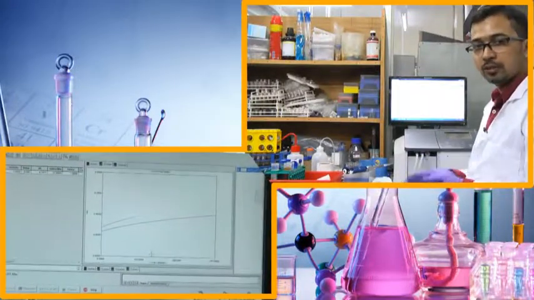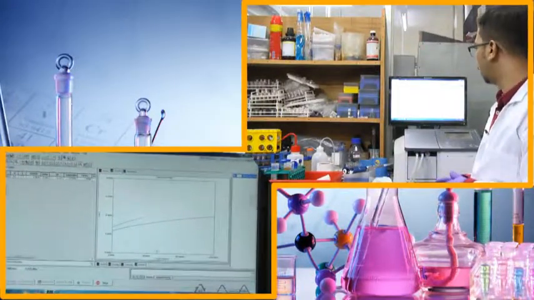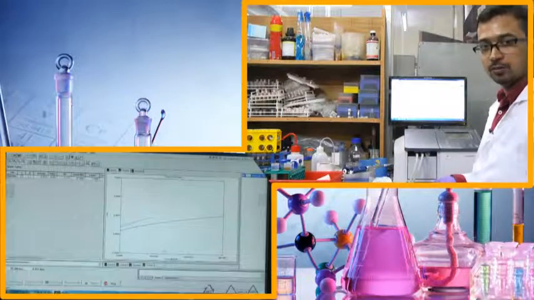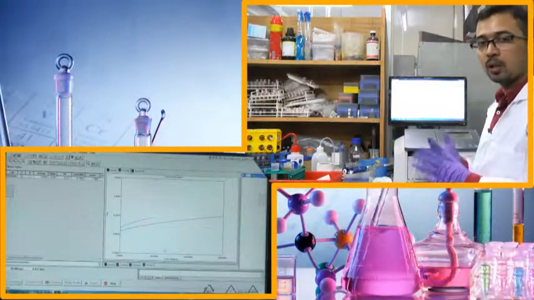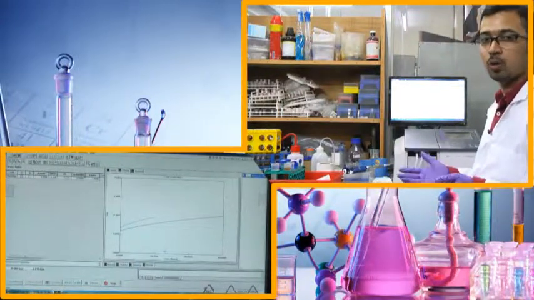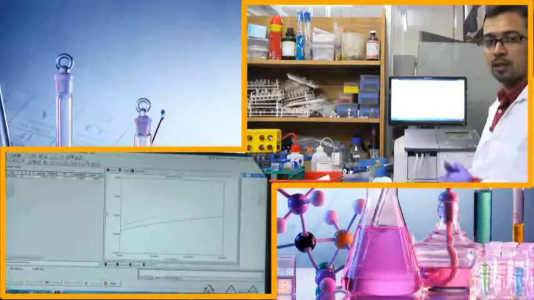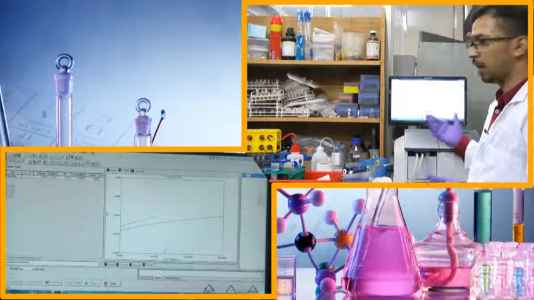You can vary this time depending upon your convenience. Generally, a longer time period gives a better result. Okay, and in all the cases, literature studies have shown that a higher time period gives more accurate results in case of enzyme kinetics reactions.